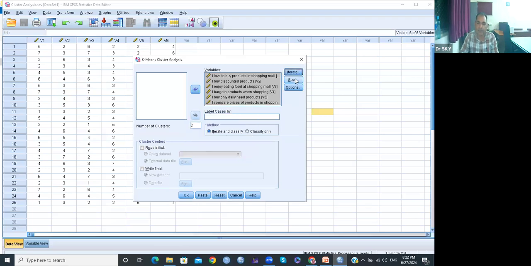Okay, then go to save. So cluster membership is very important. This distance from cluster center, you can also have an idea of distance. So 2 variables will be added in data, and number of clusters, suppose we are making 3.